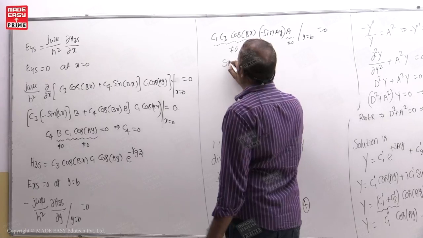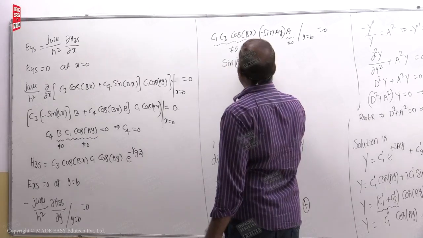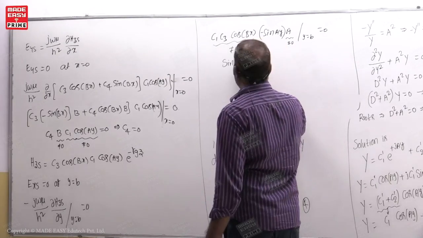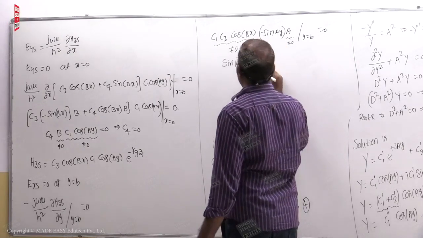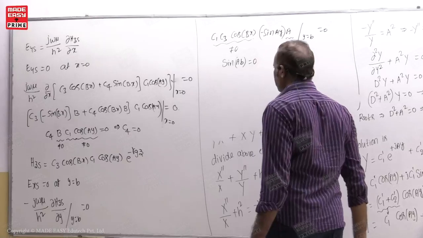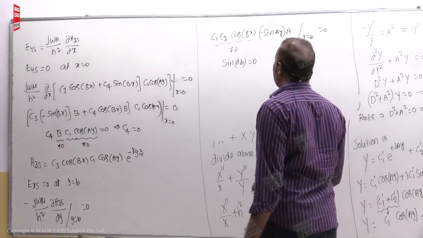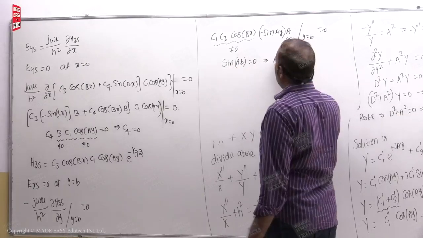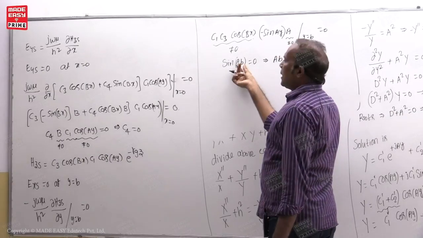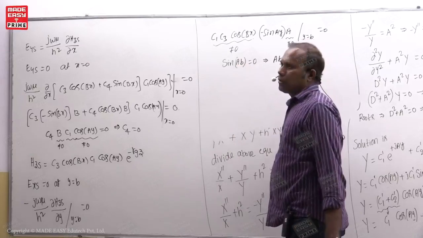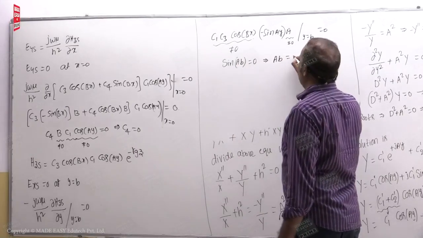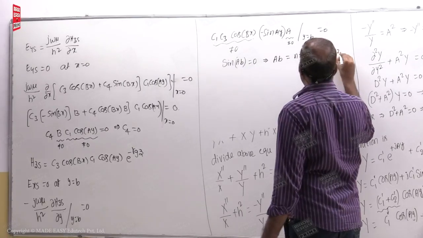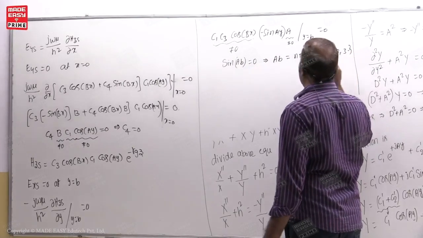Ultimately from this, sin ay equals, in place of y you have to put b. So sin(a b) is equal to 0. Now that implies when sin becomes 0, this theta is equal to nπ, where n is equal to 0, 1, 2, and so on, integers.